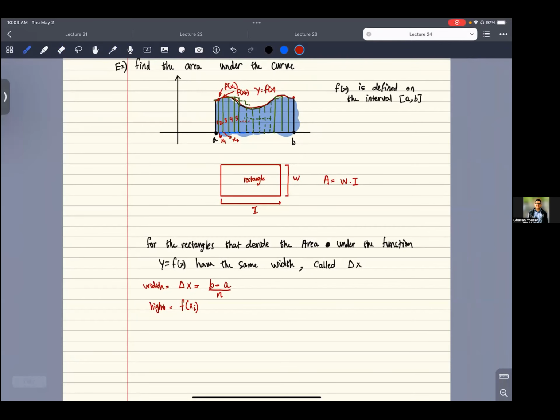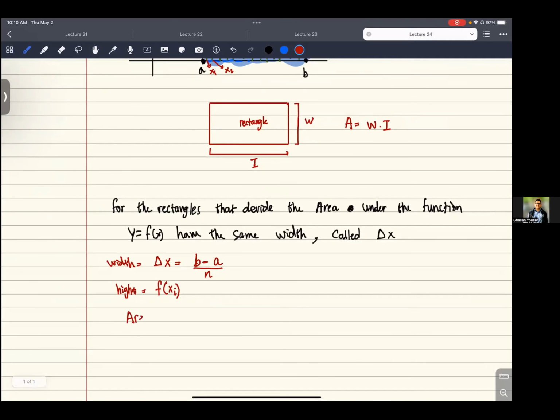Okay, now I'm going to give you an example to show you how we can use these things. Before we finish, the area is the same as the sum of the areas of the rectangles, which is the sum of f of xi times delta x, from i equal, for example, 0 up to n.